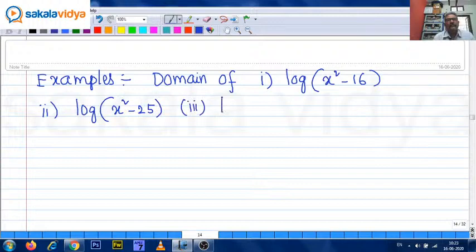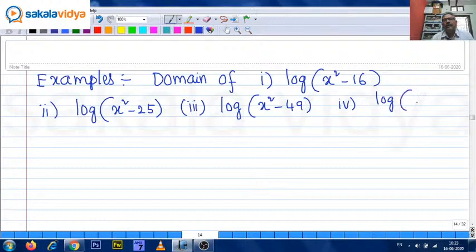Third, log of x square minus 49. Fourth, log of x square minus 7. Fifth, log of 25x square minus 9.